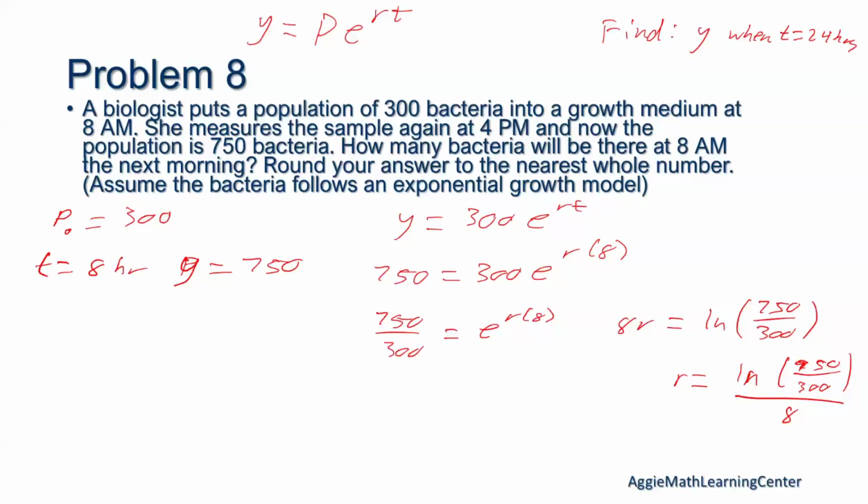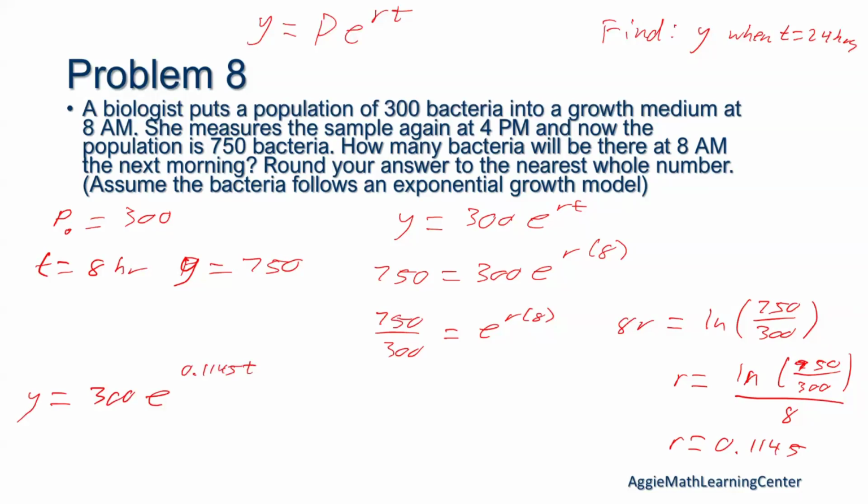Now if we go back to our original equation and plug that in, r was 0.1145. So y equals 300 e to the 0.1145 t.